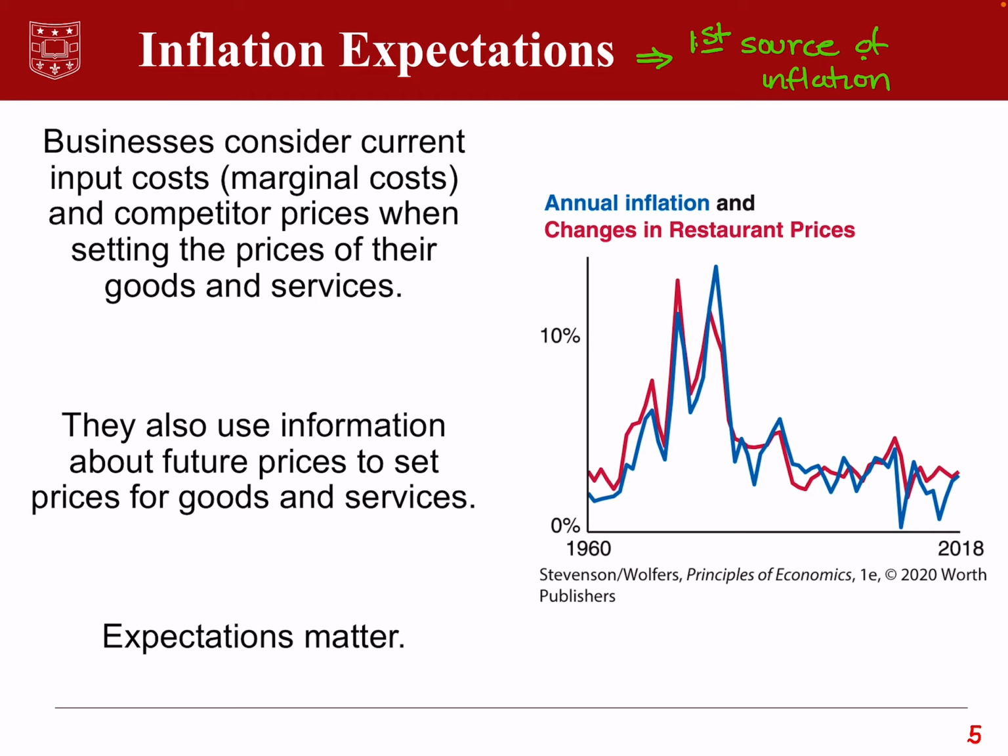So the idea captured in this graph here on the right side of the screen is one that I just lifted from the textbook, and it was the idea that, for example, restaurant prices tend to rise in line with inflation, because restaurant owners are looking at the rate at which current prices are rising with their competitors, the increase in their expected costs, and then any other kind of known things that are going to happen that should affect the firm's costs and prices.